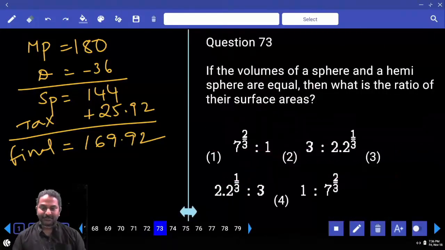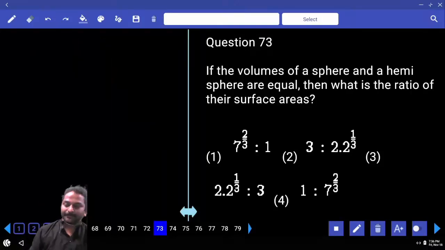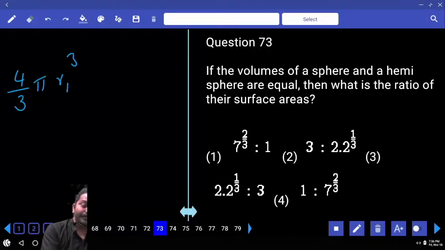The volume of the sphere and the hemisphere are equal. Volume of the sphere is 4/3 pi r cube. And the hemisphere also equal.